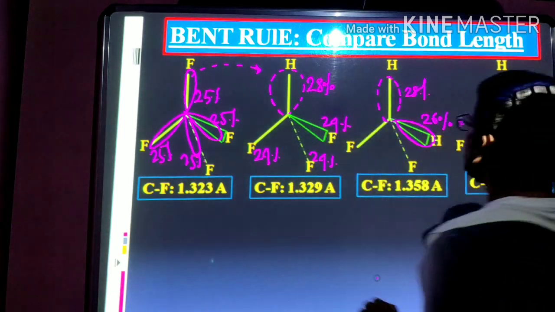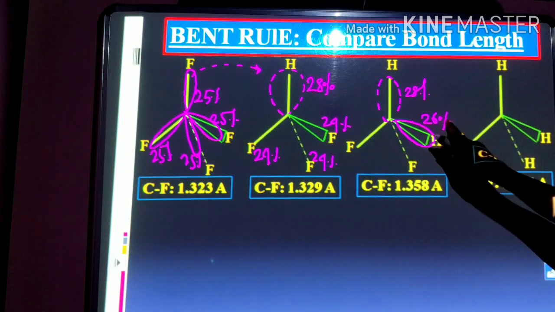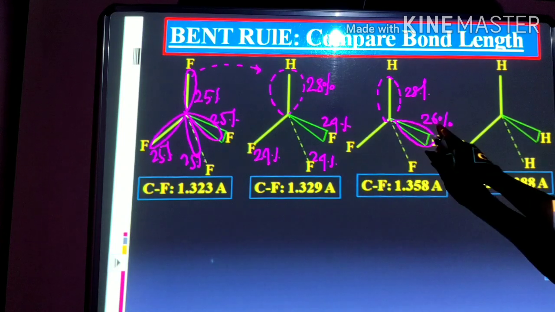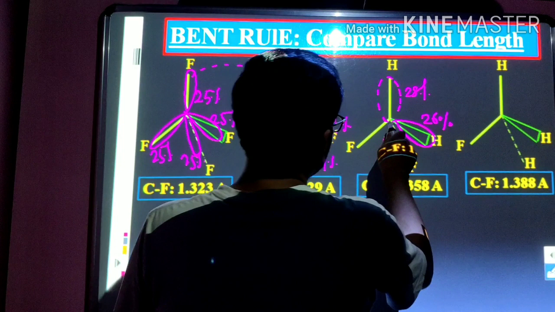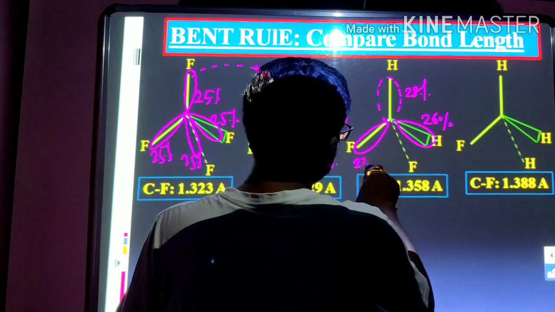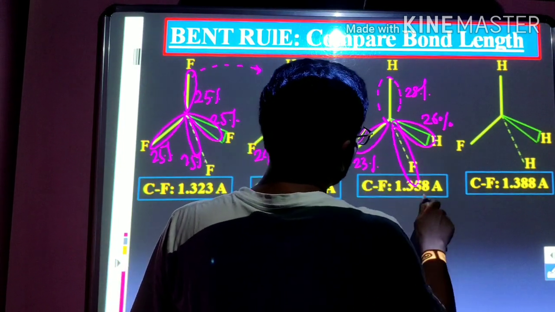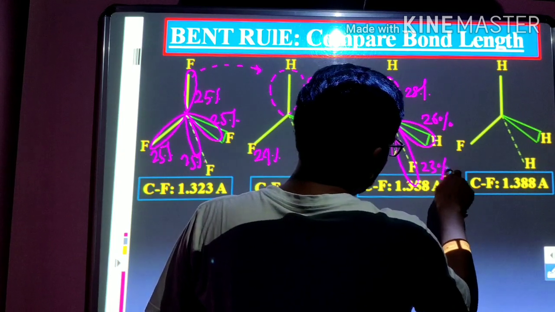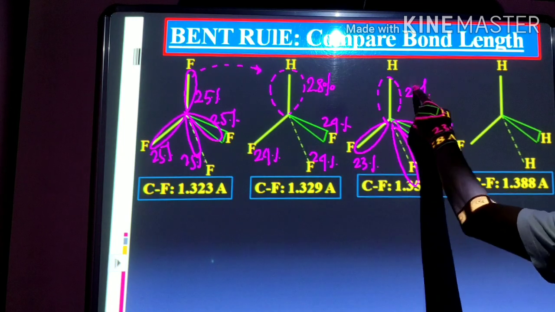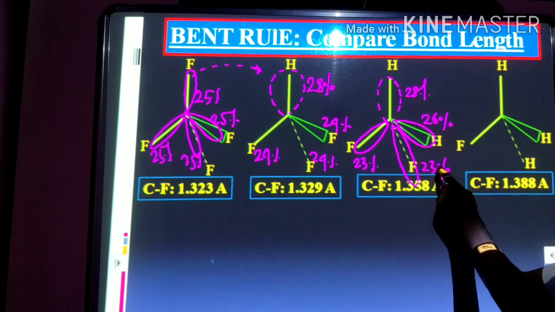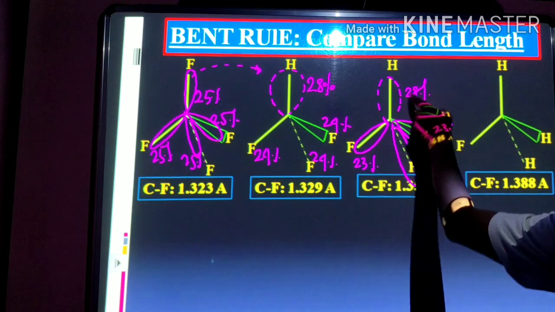If it is 26%, meaning 2% increased, then 2% will decrease here. That means here it will be 23%, and here also 23%. So in total you get 100%.